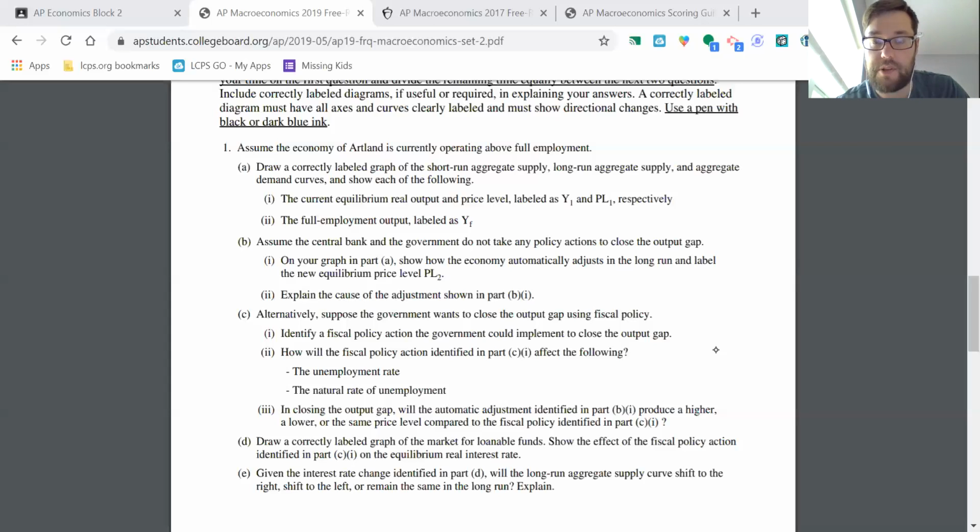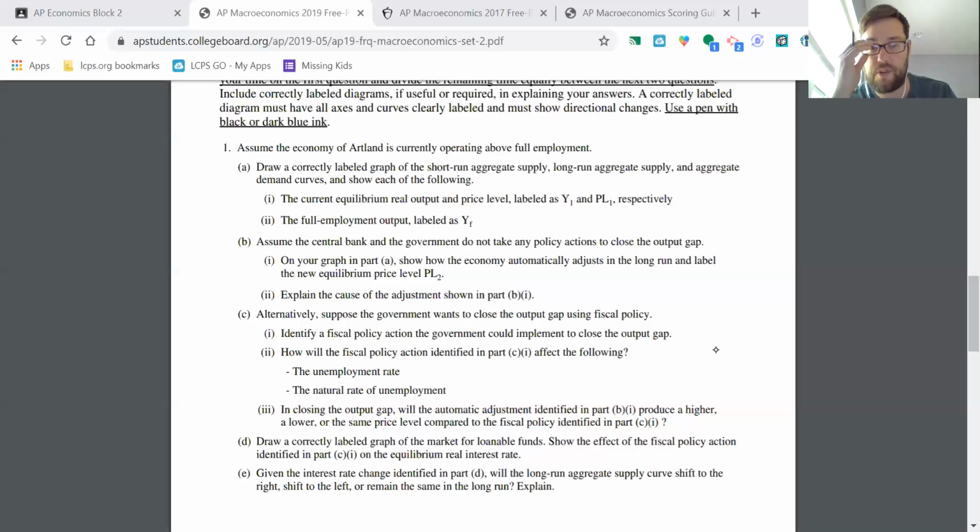We've got to do part 2 of B, but that's more of an explanation as to why this curve shifts back to the left. There are a couple of different reasons you can explain this. But the main mechanism, the reason that the short run aggregate supply curve is moving back to the left, is that input prices are increasing, right? And that makes sense with the price level going up.